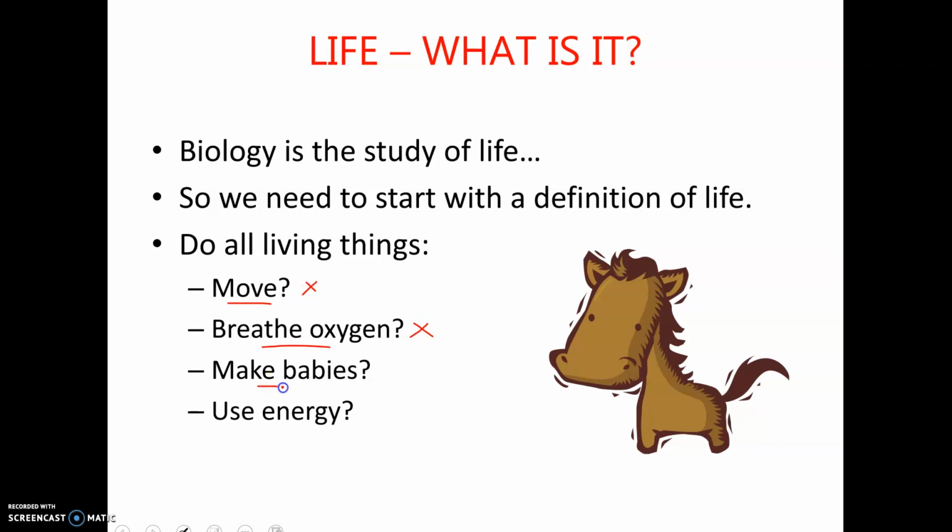Now, all living things do reproduce. That is a characteristic, but not necessarily by making babies sexually with a male and a female. Some plants have pollen, which is sort of like sperm, and eggs, and so in a way they do reproduce sexually like we do. There's not necessarily male and female plants. On the other hand, some organisms can reproduce asexually.